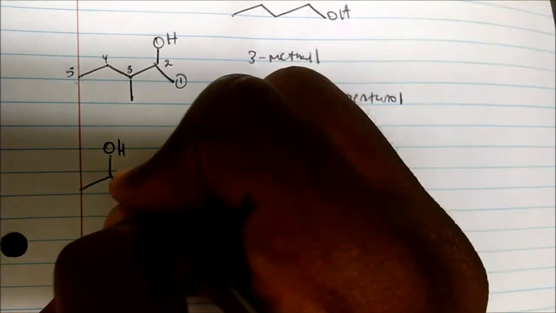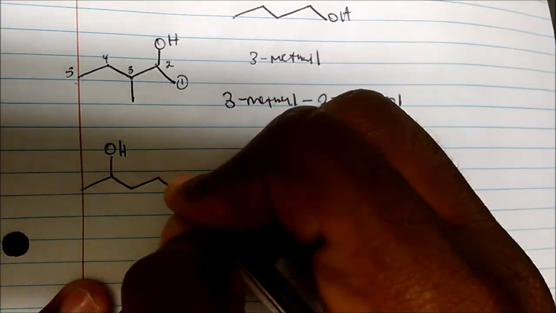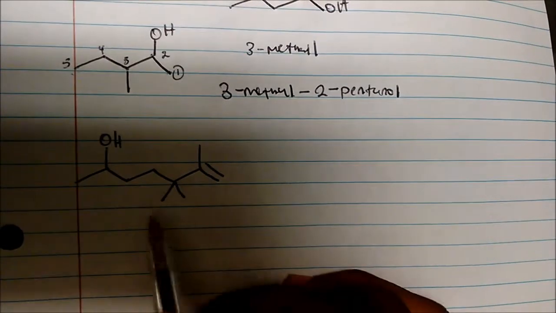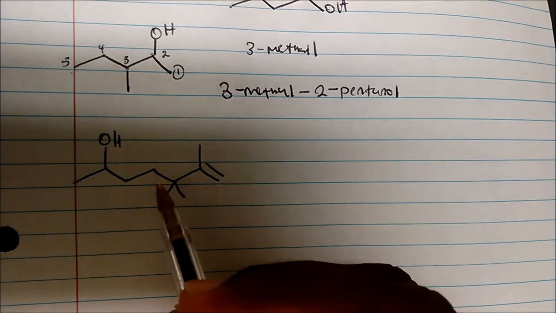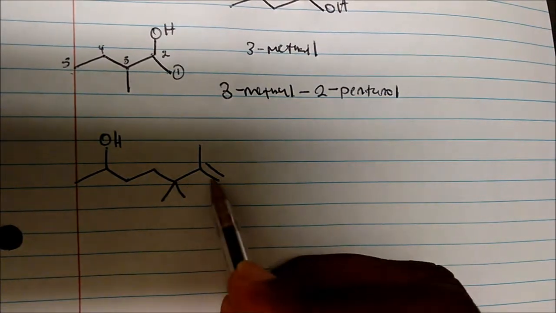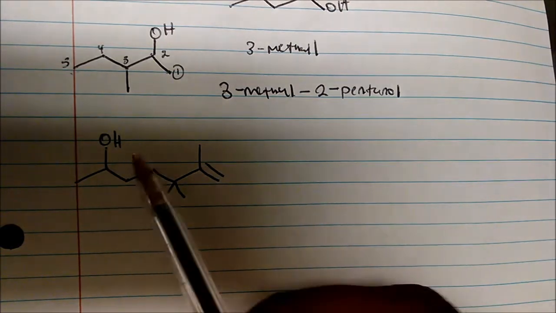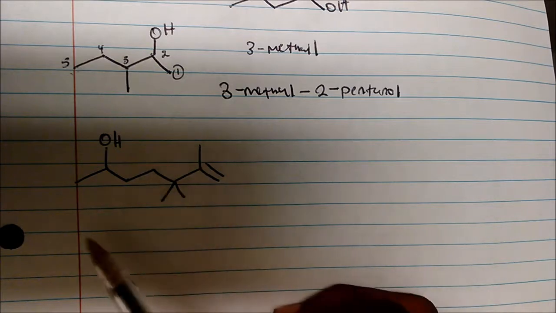So how about this one? So how would we name this molecule? Well, again, notice that we have an alkene and an alcohol, but still the alcohol gets the lowest number.